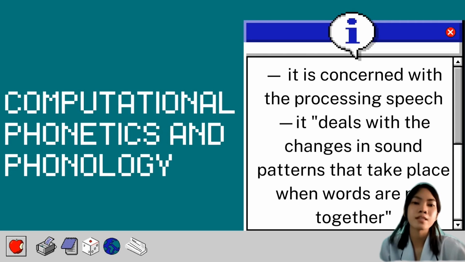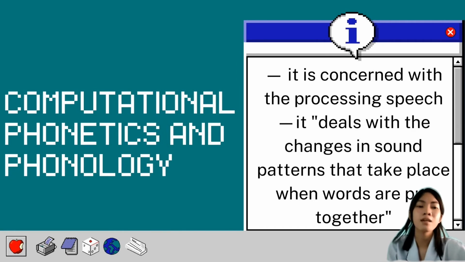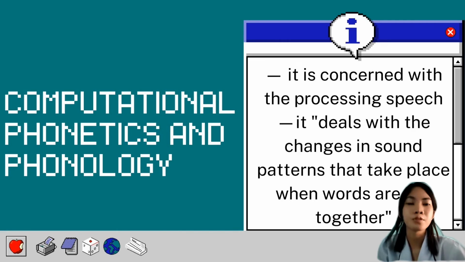Computational phonetics and phonology. We've learned that phonology is all about speech production, or all about the sounds, right? It is concerned with processing speech. It deals with the changes in sound patterns that take place when words are put together.